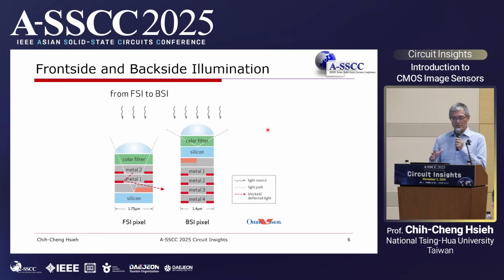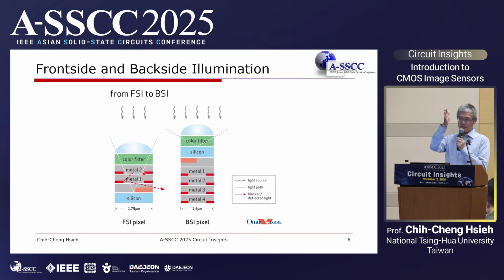Here I will introduce the two basic architectures for illumination. We call them front side and back side. In the early age of the CMOS image sensor, we used the FSI, front side illumination architecture, which means that the light comes from the top view or front side of the chip through the micro lens, color filter, and the metal interconnection, then goes to the silicon.